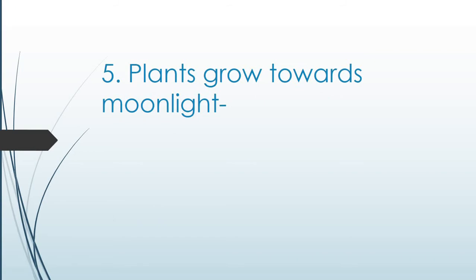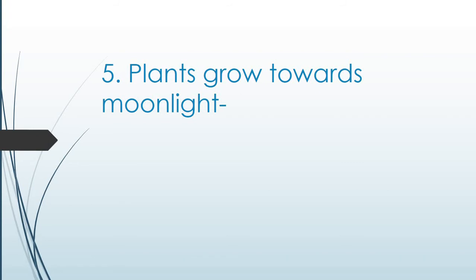Number 5. Plants grow towards moonlight. Plants grow towards moonlight. True or false? Please write your answer, students. Now this is of chapter number 6, so it is very much fresh.